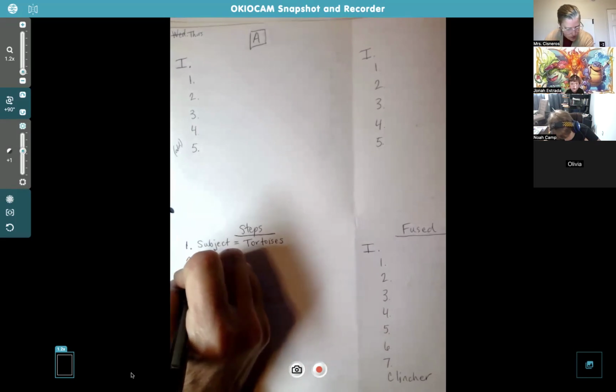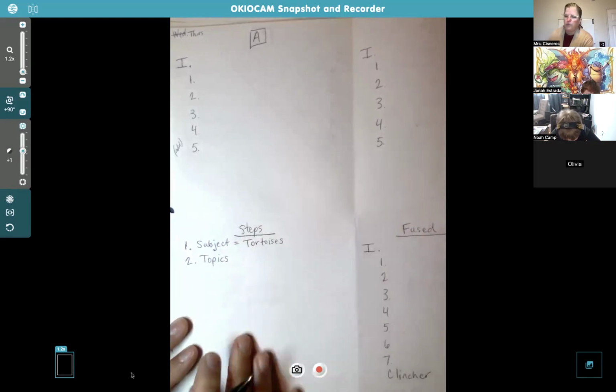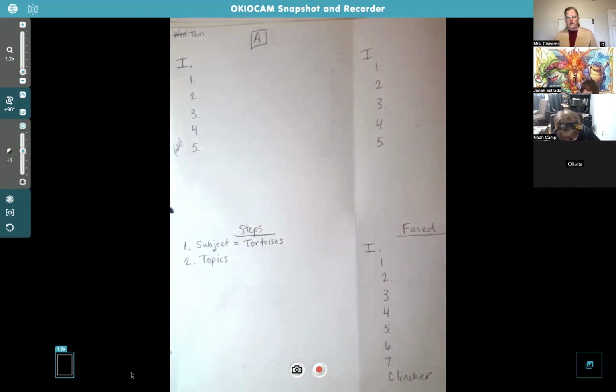And then number two, we need to know what some of the topics are. So put that word topics. Now, the topics are the parts about the subject. So if you're writing about volcanoes, for example, some topics could be lava, where volcanoes are located, the effect that the volcanoes have on people and animals, and when was the last time the volcano erupted.